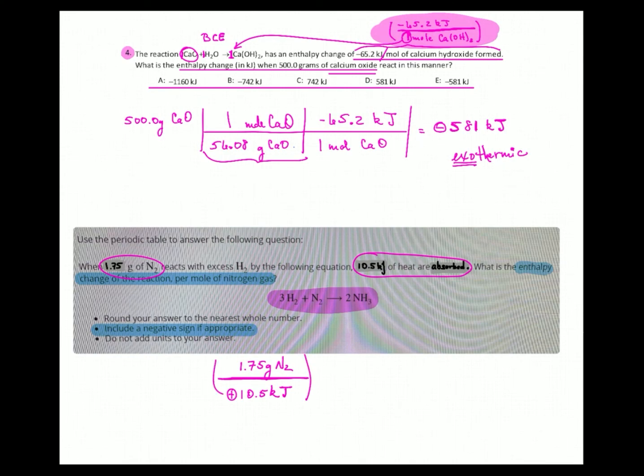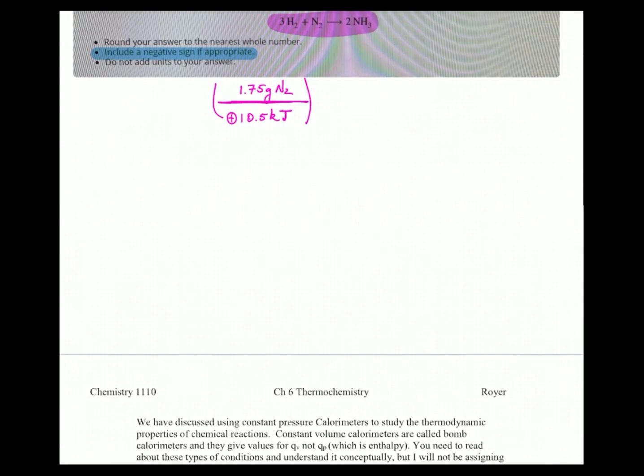So now this is the relationship I have to work this problem. And it wants the enthalpy change per mole of nitrogen gas. Well, if you look at what you have, energy change per gram of nitrogen. Turn that upside down, maybe it'll look different. You can invert this and put the positive 10.5 kilojoules on the top. So there's your enthalpy change per 1.75 grams of N2, and they want per 1 mole of N2.